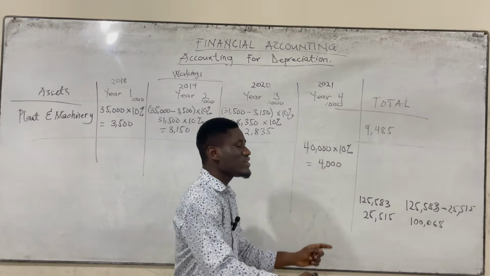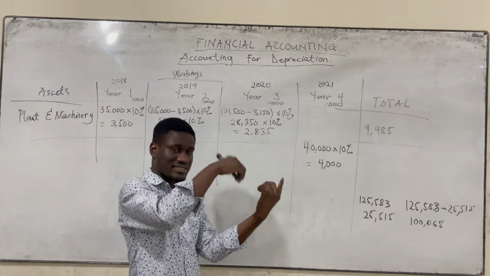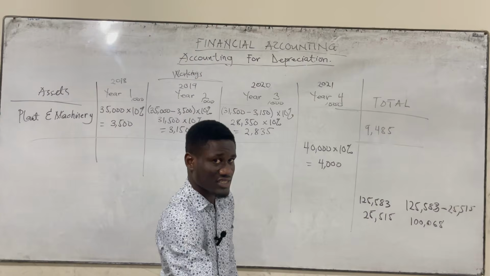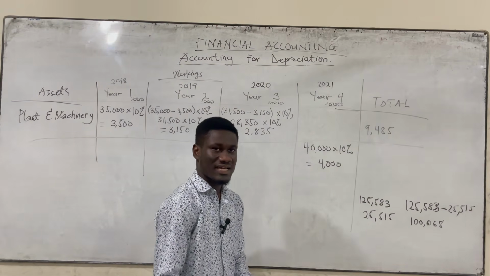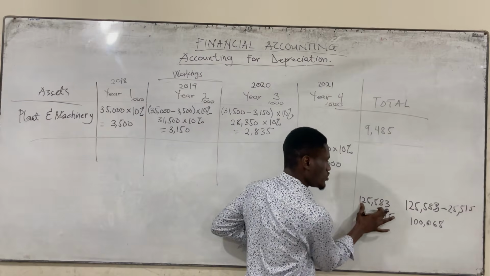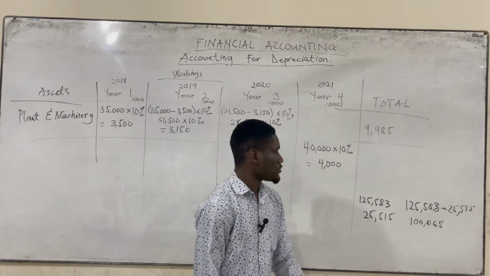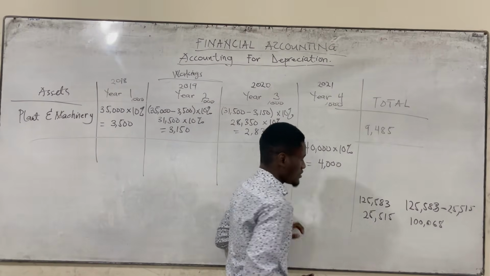Do you get it? So if we are in the new year, that's 2021, we brought forward, and as at that year our cost was 200,000 for the balances brought forward from plant and machinery. But after the year ending, we had a new cost of 125,583. Good. So this one is our new cost now.